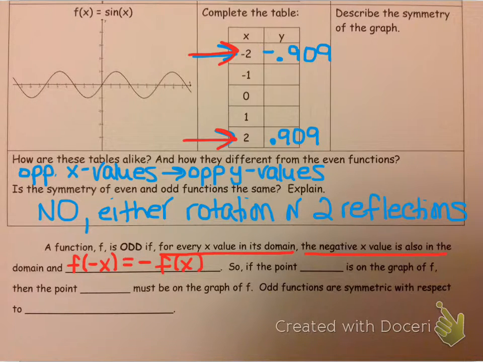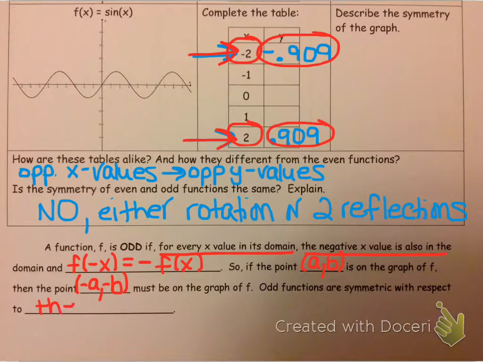So if I plugged in positive 2 and I got this, then when I plug in negative 2, so that's the f of negative x down here, then I'm going to produce the opposite of the original y value. So if the point (a, b) is on the graph, then so is the point (negative a, negative b). And they're symmetric with respect to the origin.